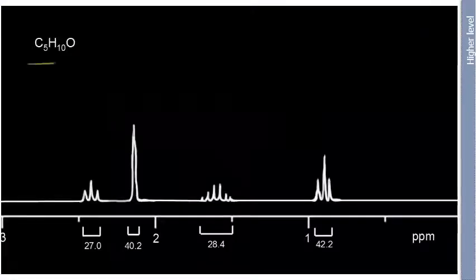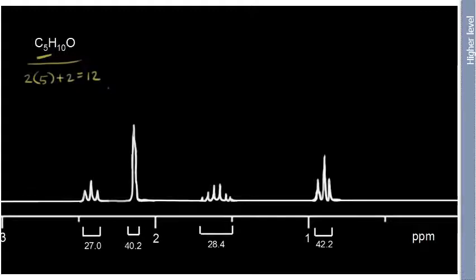Let's say we're given this molecular formula, C5H10O, and this proton NMR spectrum, and we're asked to determine the structure of the molecule. The first thing you could do is calculate the hydrogen deficiency index. If we have 5 carbons here, the maximum number of hydrogens we could have is 2n plus 2, where n is equal to 5. So 2 times 5 plus 2 is equal to 12.